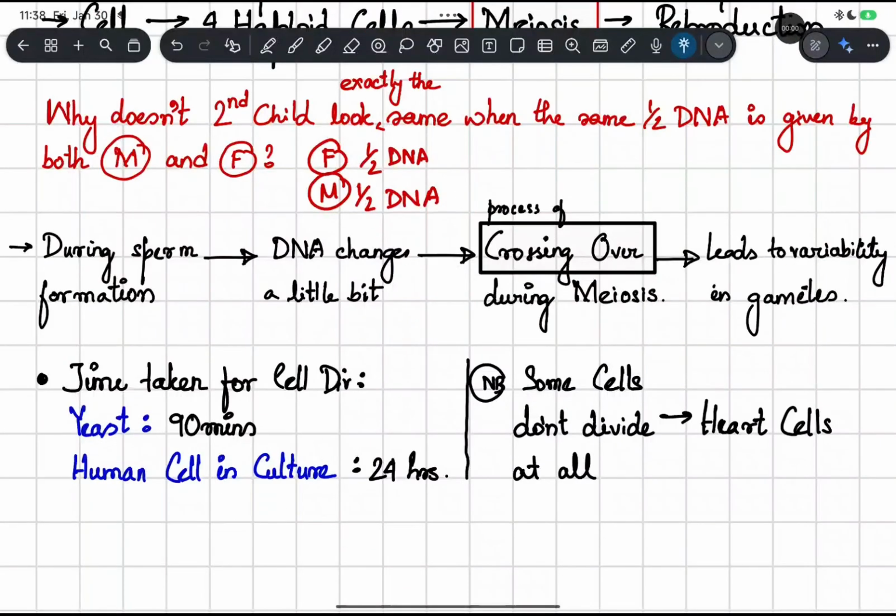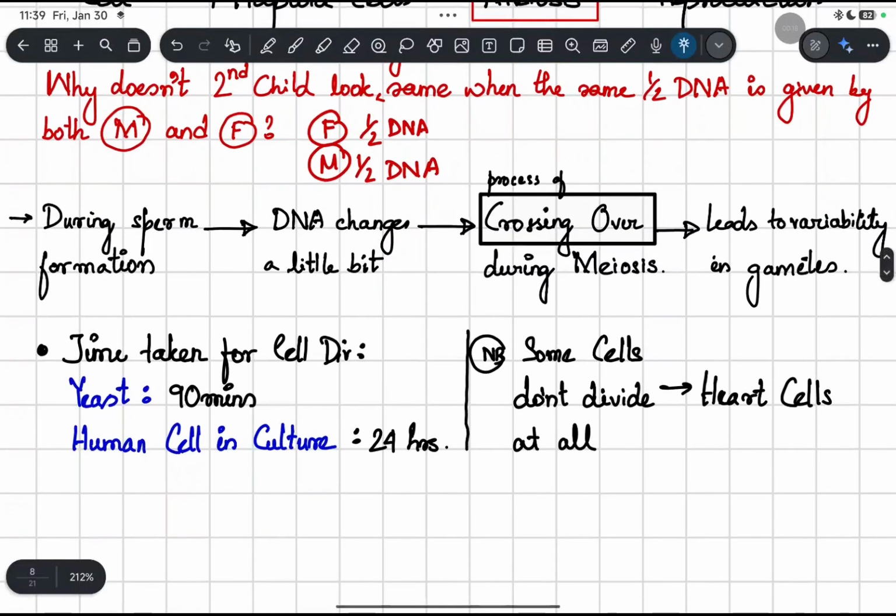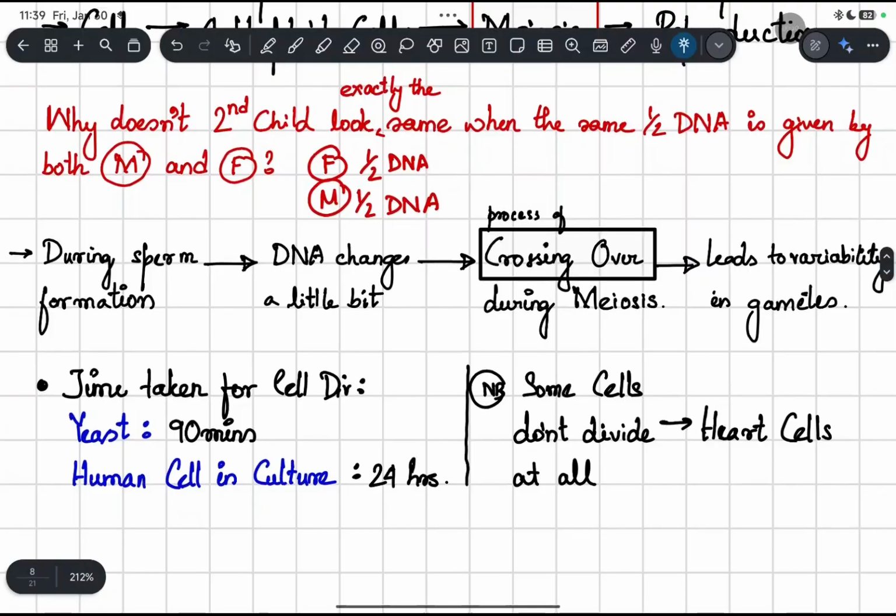So yeah. Okay, so now the obvious question. Every time the father is giving half its DNA, and the mother is giving half its DNA, and we have the child cell, right? So when we have the child, the genetic material will have the information about the height of the child, the skin complexion, and everything else, right?